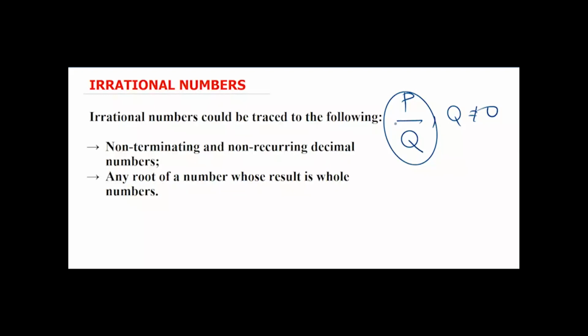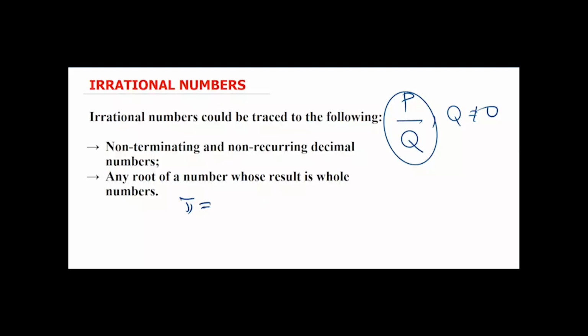Okay, some irrational numbers are constants. Let me give you some of them. You have pi. This pi is beyond 3.142. So 3.142 is an approximated value of it. Let me write many digits after the decimal point.